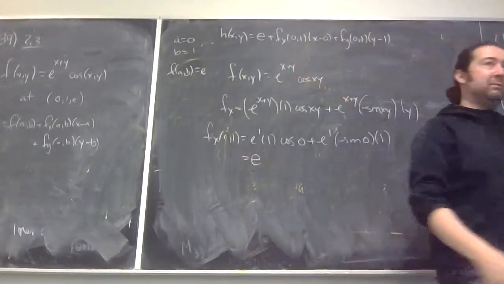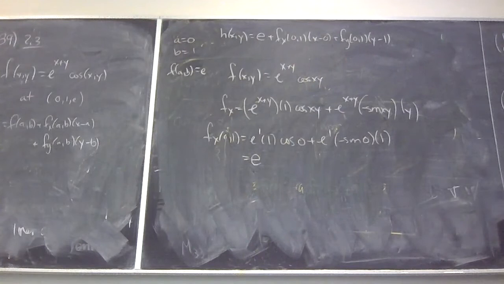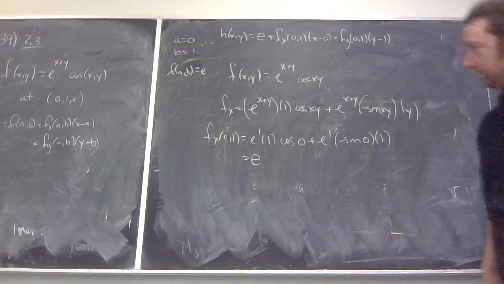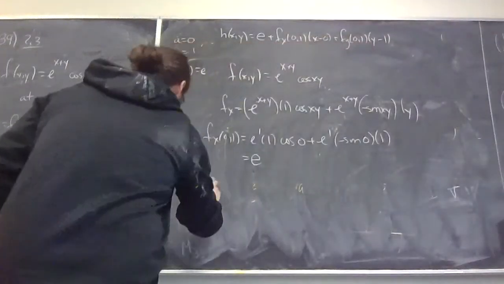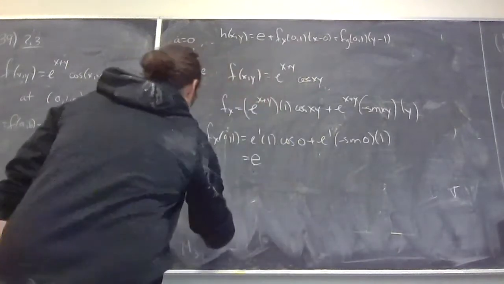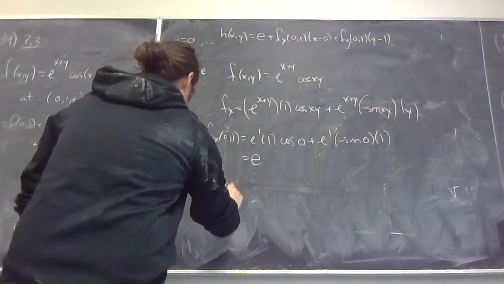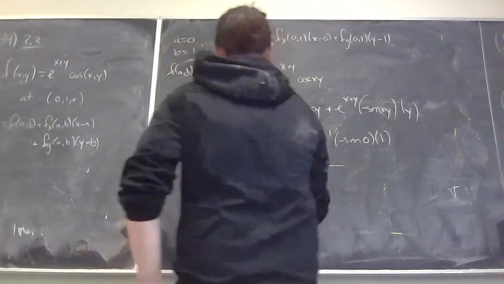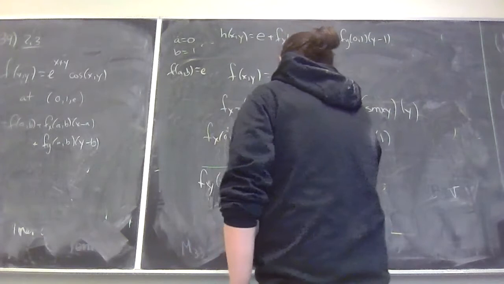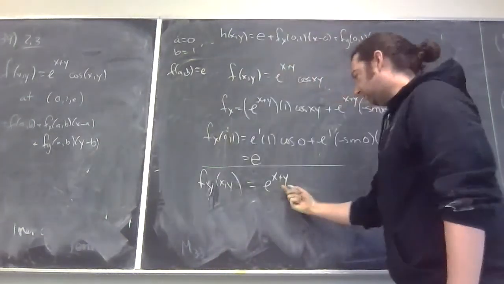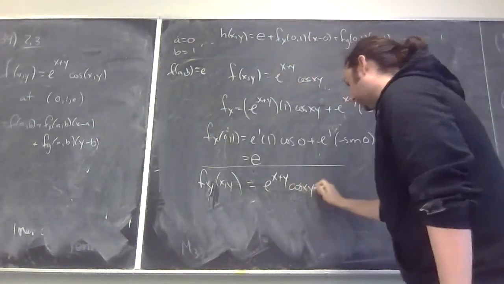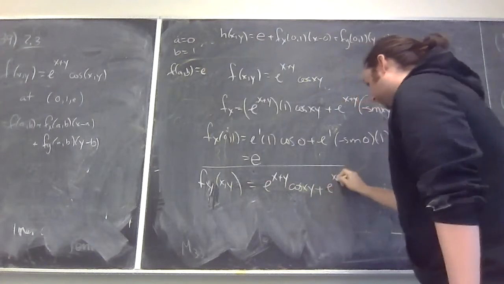You tell me if I'm wrong, by the way. That's what I compute, e. All right? Okay. Now let's do f_y. Probably the same because it looks like a symmetric function. So I bet f_y of x, y is going to be e to the x plus y, the y derivative of that is also 1, times the cosine of xy, plus e to the x plus y untouched.